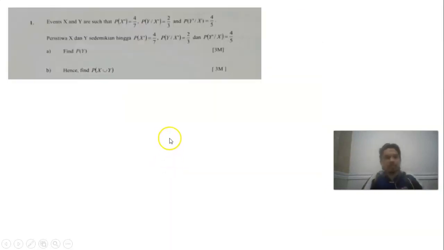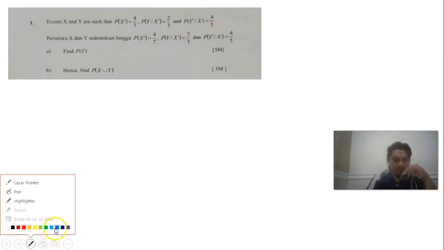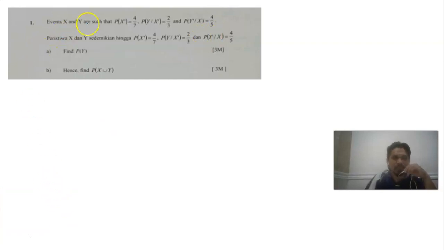As I mentioned just now, I have separated each question onto its own page so that we can discuss them one by one. Without wasting so much time, let's begin the discussion with question number 1.